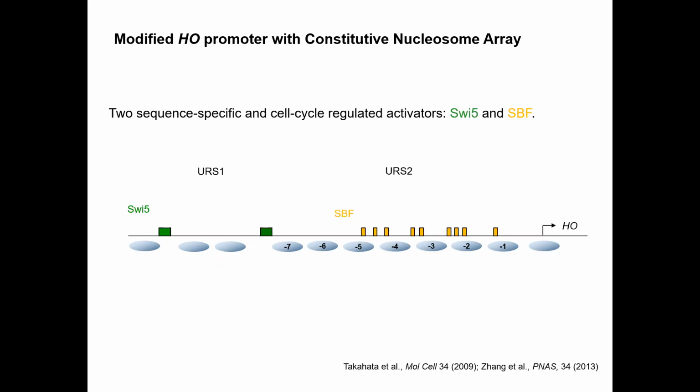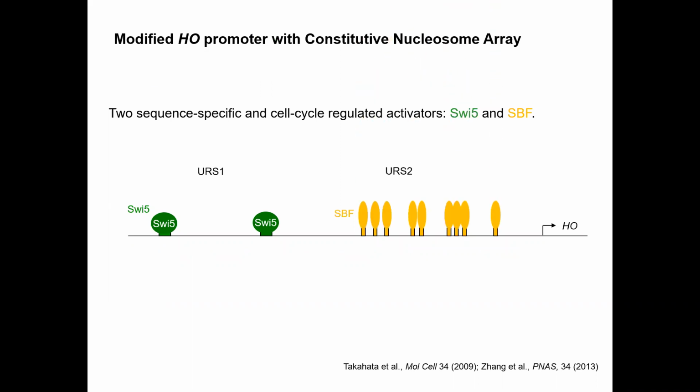But this promoter is an exception. In the upstream region, it has SWI5 binding sites in the open region, and it also has SBF binding sites embedded under a nucleosome. So during the cell cycle, what usually happens is SWI5 binds first and recruits a whole bunch of factors to eliminate nucleosomes so that SBF can bind and activate.